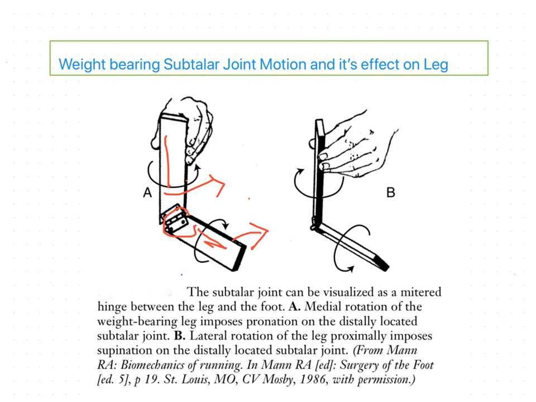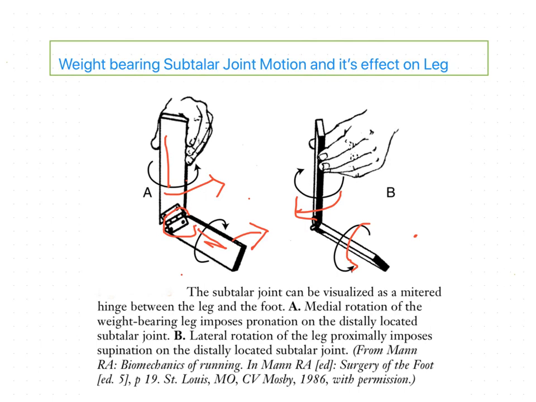And in this B picture, there is a lateral rotation of the leg proximally, which imposes supination on the distally located subtalar joint. So what is going to happen in the supination on the distally located subtalar joint? The same thing we have discussed on weight bearing, you can implement here.